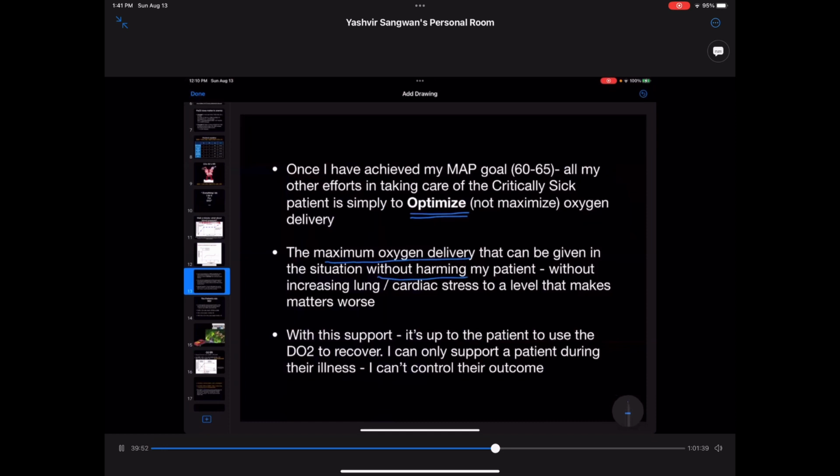Now remember, if you really look at ARDSNet studies, if you really look at studies where they have actually tried to maximize DO2, not looking at those studies as abstracts, not looking at those studies on WhatsApp, not looking at those studies because your professor sent you a Facebook message.